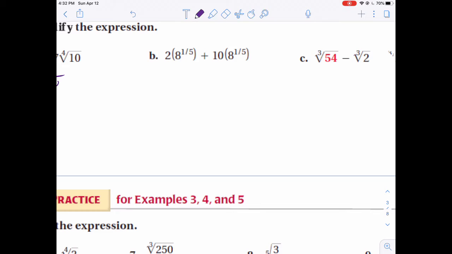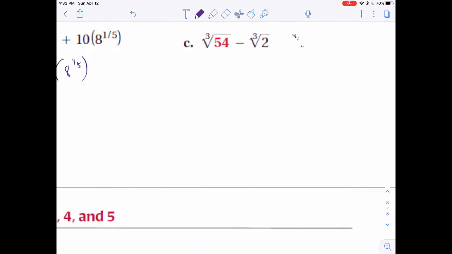So the 2 and the 10 will be added together. It's like 2x plus 10x. So 2 and 10 are 12. And then we have 8 to the 1/5. You got me so far? Okay, now this is where things change a bit.